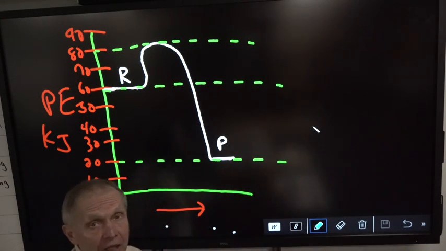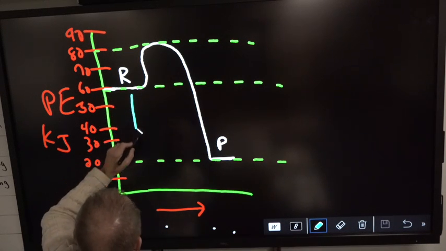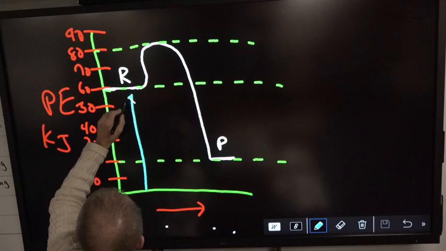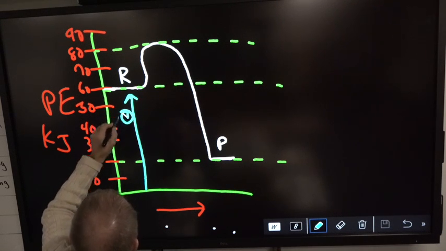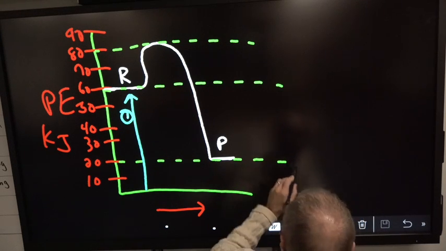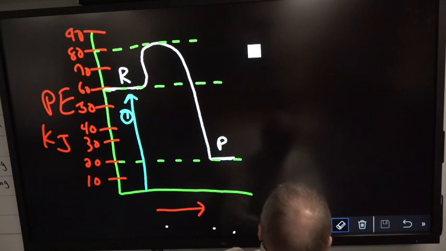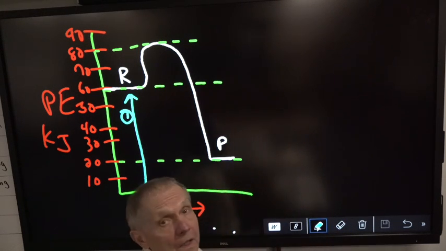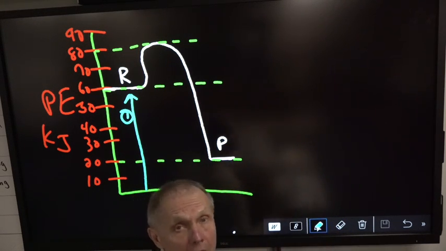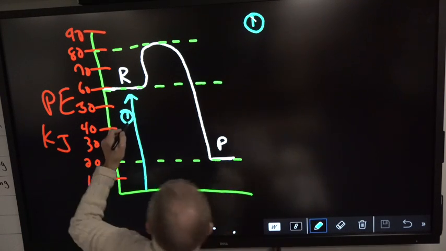So the first line segment is where the reactants are. And now what we're going to put is line segment 1. Circle number 1, which is line segment 1.